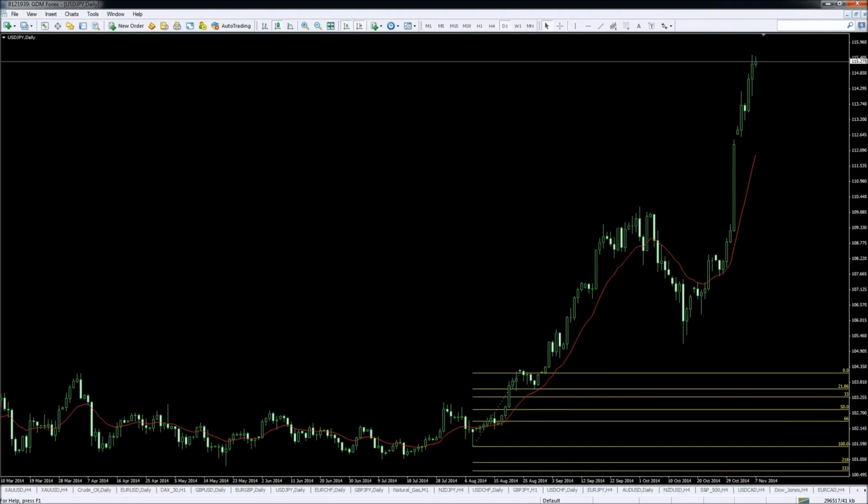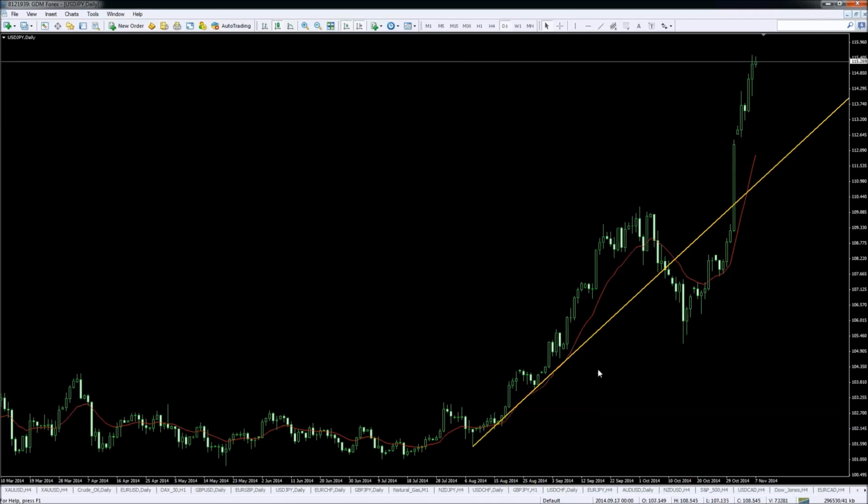Our second one, we already have plotted the moving average. We just want to see how the trend line is going to change our lives at this point of time. There we go.